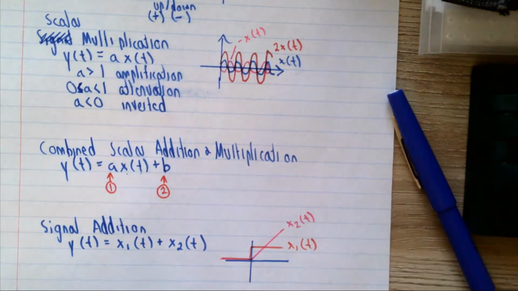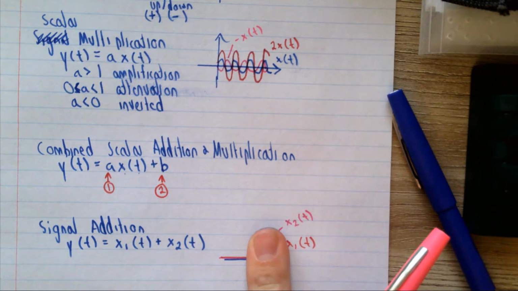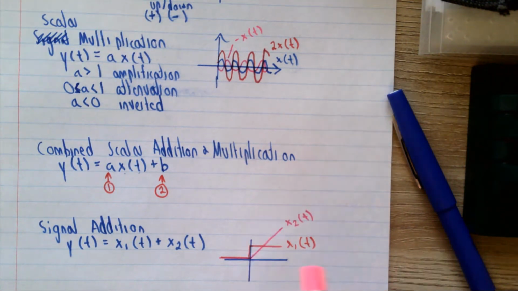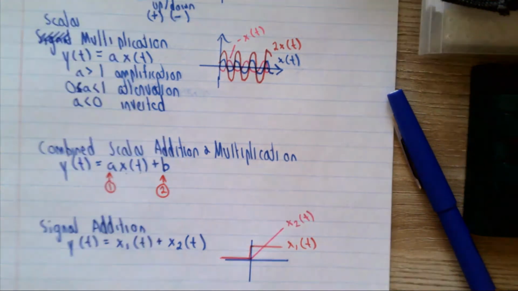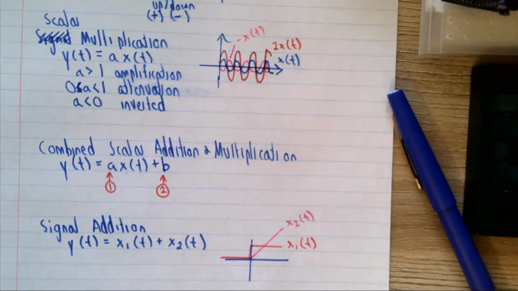Well, let's look. Before time 0, they're both 0. So adding them together, it's going to be 0. But past time 0, it's going to be 1 plus, and you're going to add the red and the pink curves together, what their values are. So 1 plus 0, that's going to just be 1 for my y of t.